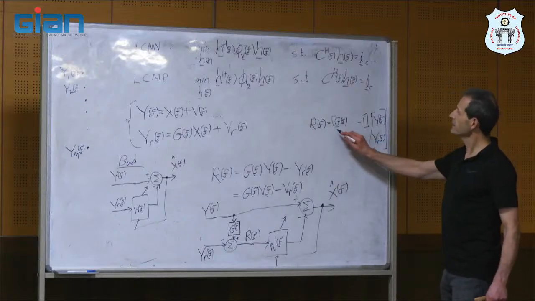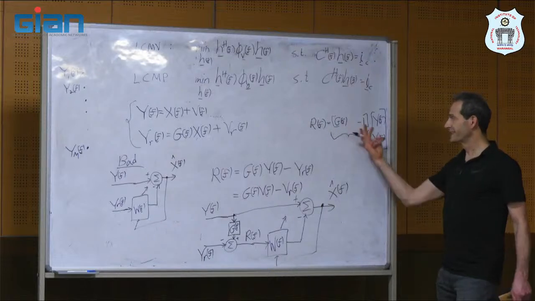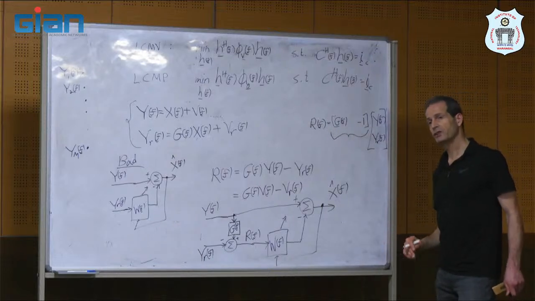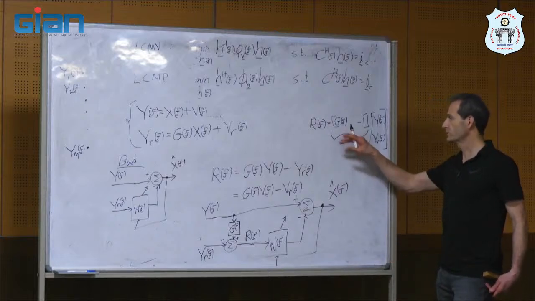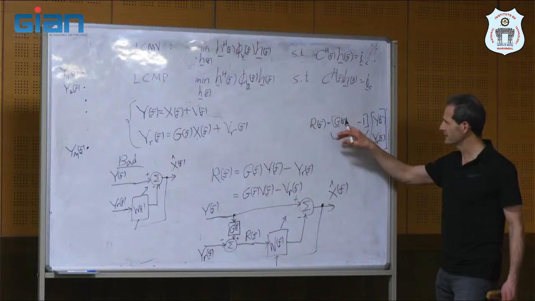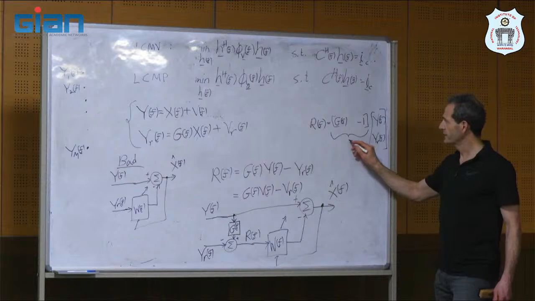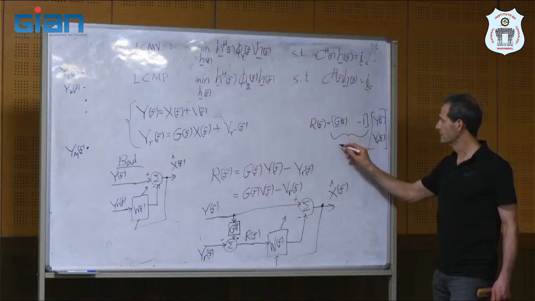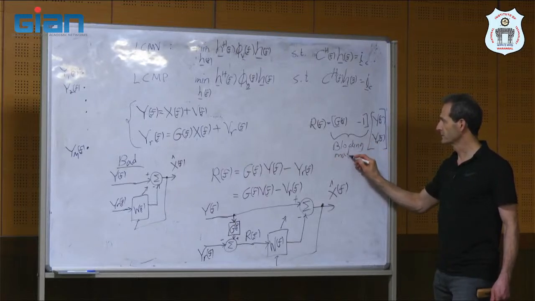So this part, which is here a vector, but generally we can do it because here we have only two channels. If we have more than two channels, this will be a matrix. Okay? So this is called the blocking matrix.